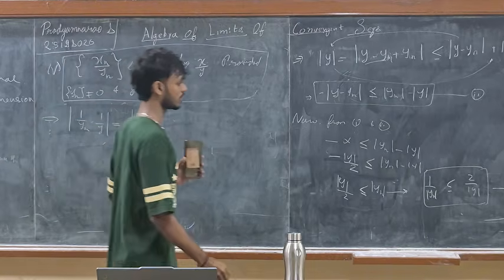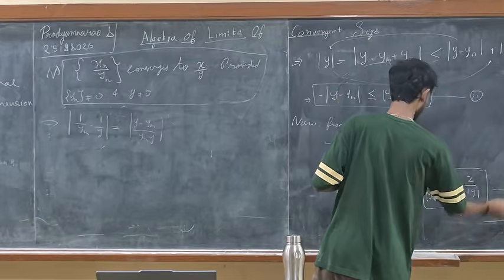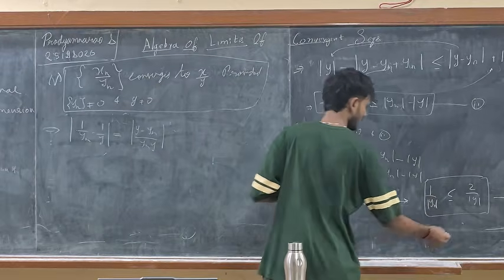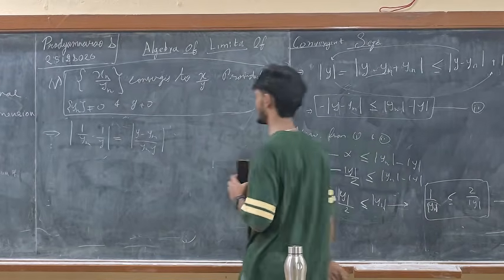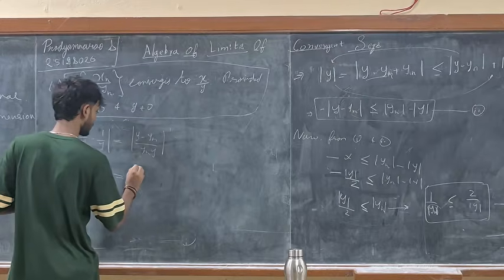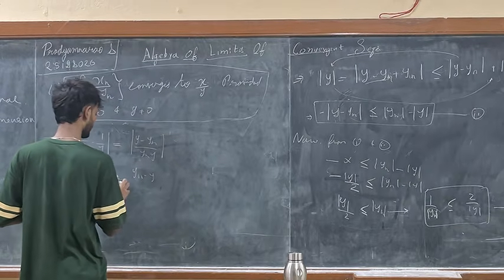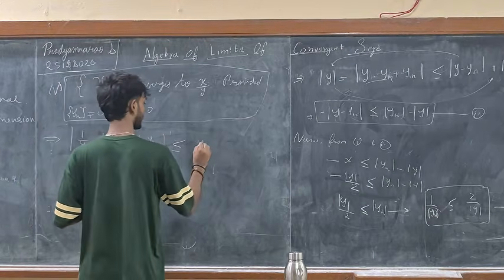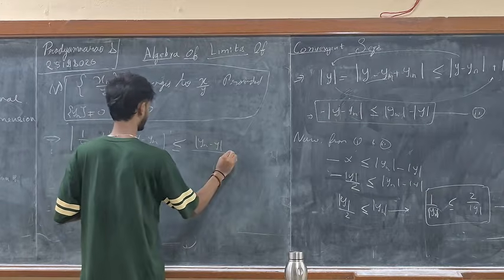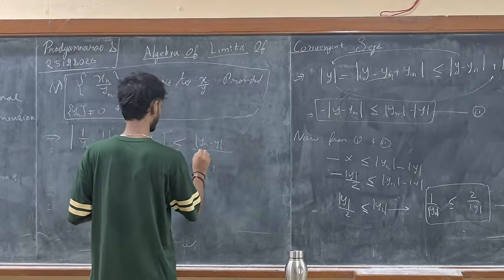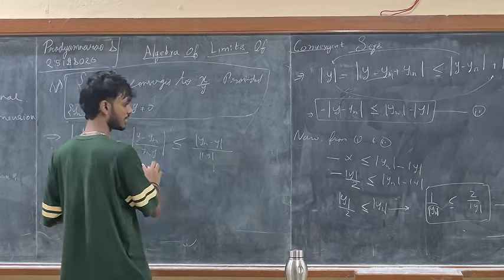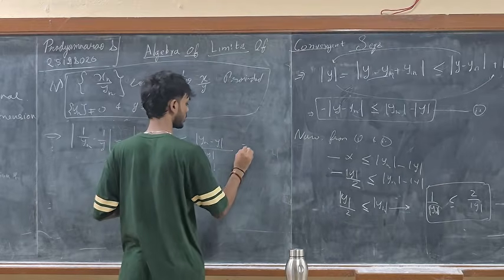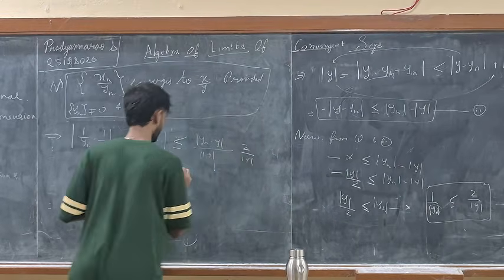Now by using equation 3, we can substitute for mod y_n in this equation, and we can further write this as less than or equal to mod y_n minus y into 1 by mod y_n, and 1 by mod y_n can be written as 2 by mod y, which is less than or equal to 2 by mod y.